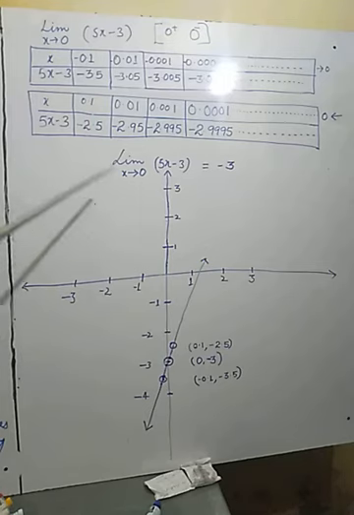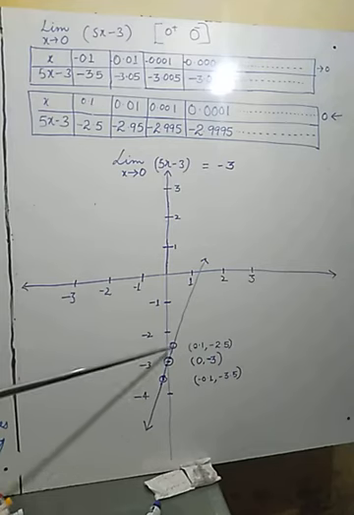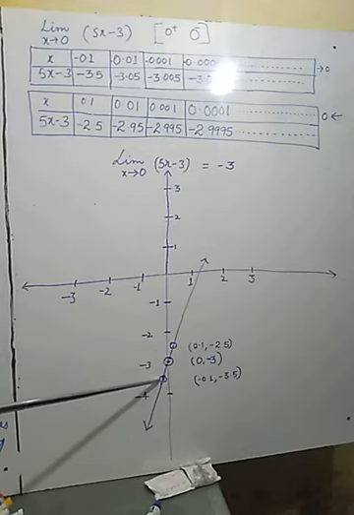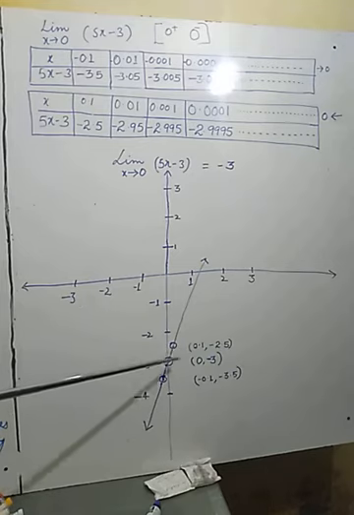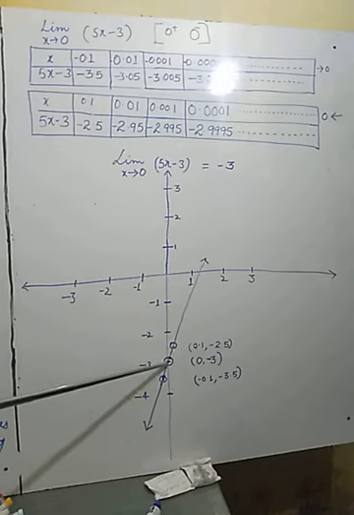The value which is a little bit less than 0 is the left hand limit. So this point is representing the value of x as the left hand limit, and this one is the right hand limit. So 0 plus, and this one is 0 minus. It is represented like that.